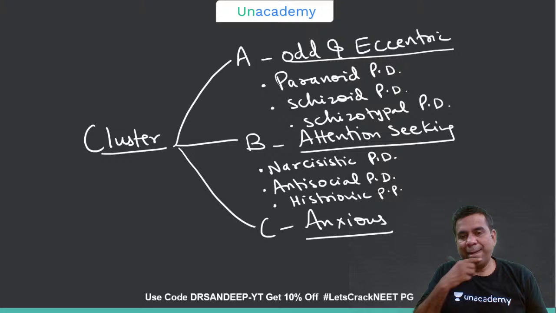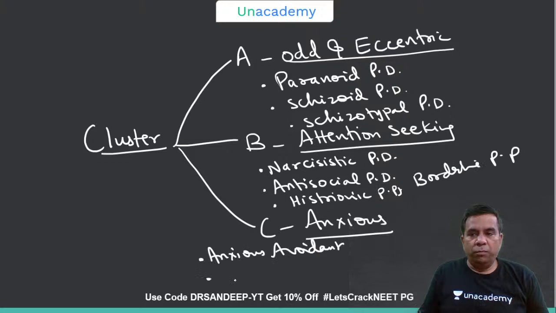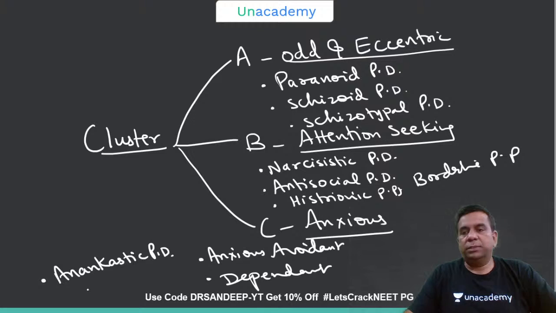In the anxious cluster, we have anxious avoidant, dependent, and anankastic PD. So that is the three clusters defined in psychiatry: cluster A, cluster B, and cluster C.